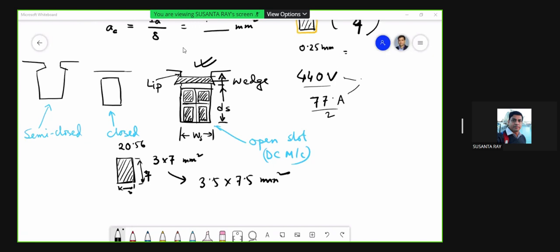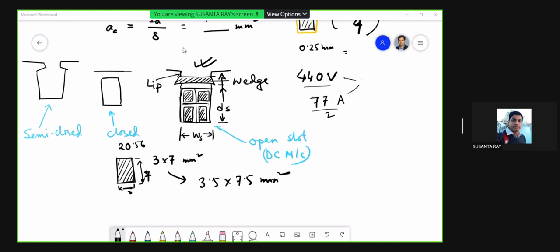So when we find out the depth and width of the actual slot, after that you have to calculate the width of the teeth. Between two consecutive slots, the spacing is called the teeth.